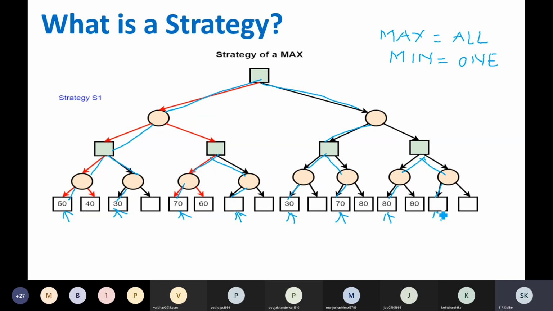Our objective is finding out a set of nodes which will belong to all strategies, the minimum set of nodes which will belong to all strategies. So at max you select all, at min you select only one. So is it the right set of nodes that I have identified? Any other answer?